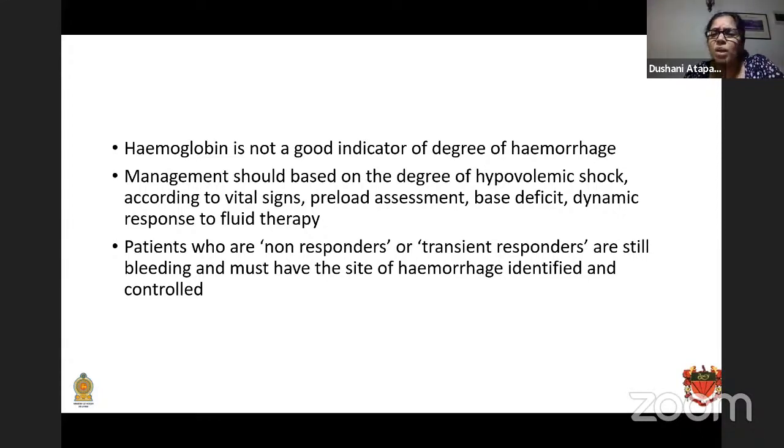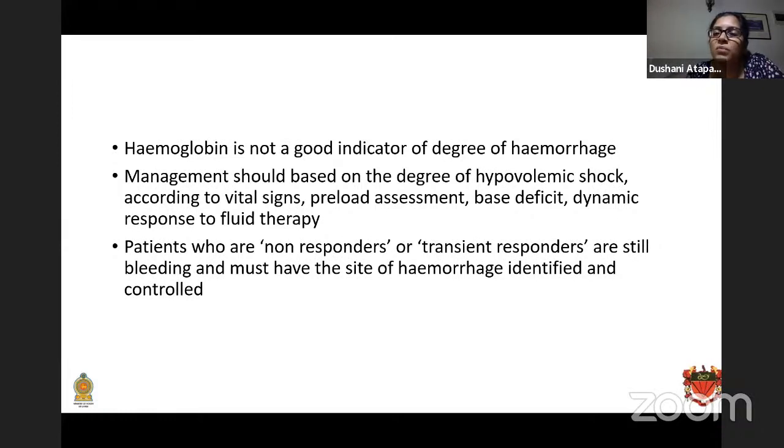Then you can identify the patients who are responding, non-responding, or the transient responders. So the important thing is to identify the bleeding and stop it.